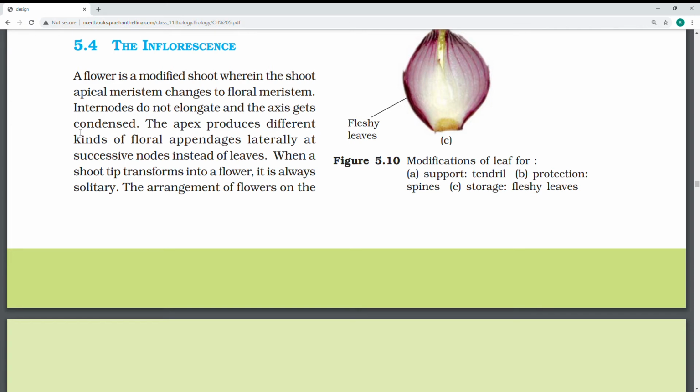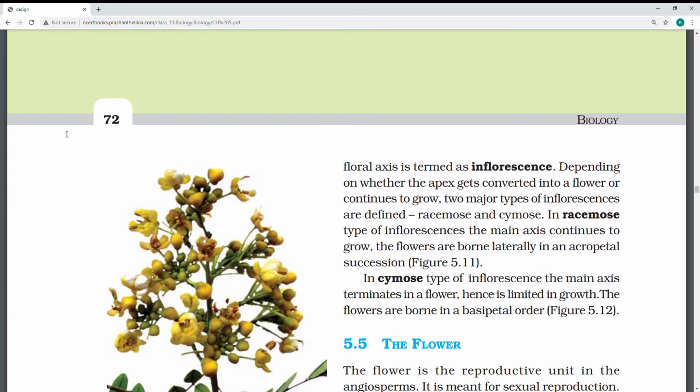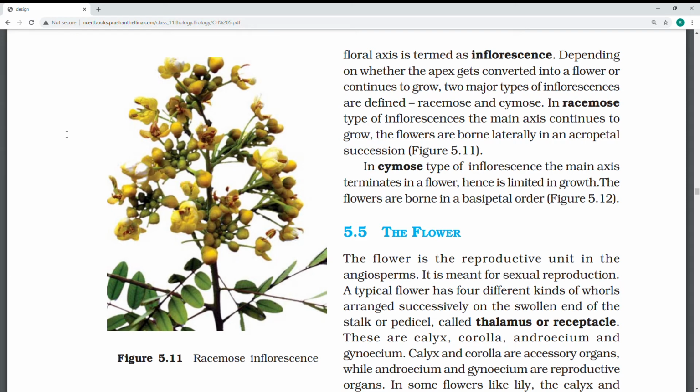In that, inflorescence is of two types. They have given it briefly in your NCERT textbook, but I will also briefly explain the types. The inflorescence is of two types, which are racemose and cymose.